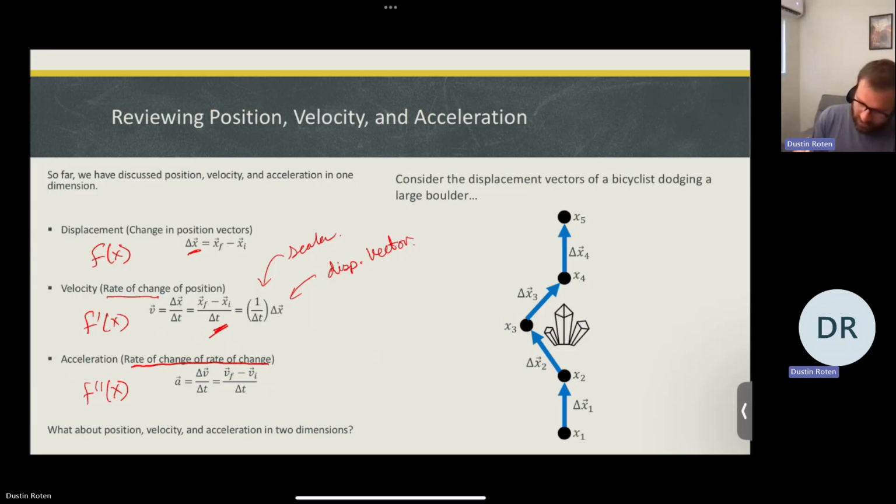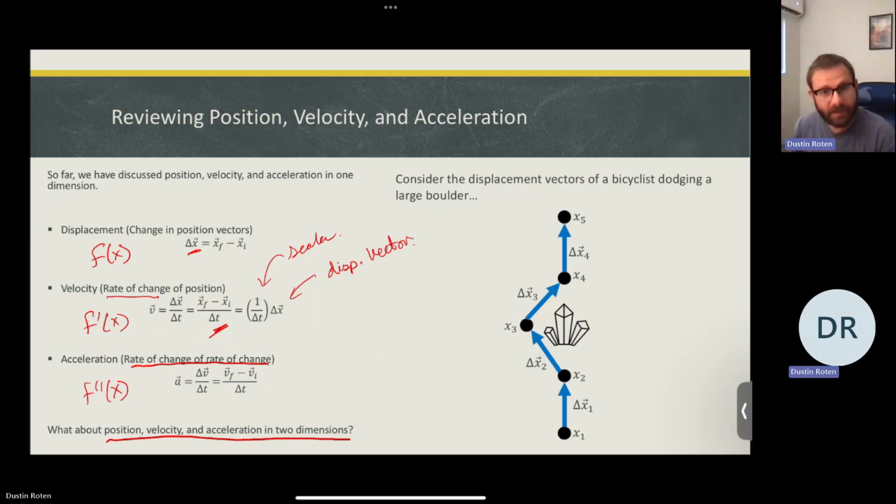Now let's talk about position, velocity, and acceleration in 2 dimensions. We've been talking about them in 1 a lot. So let's talk about an example where we consider the displacement vectors of a bicyclist dodging a large boulder. He's riding on a trail, and it's almost one-dimensional motion. We just have this little blip where he goes around a large boulder.